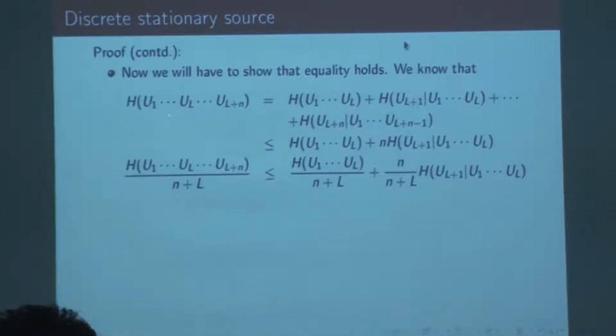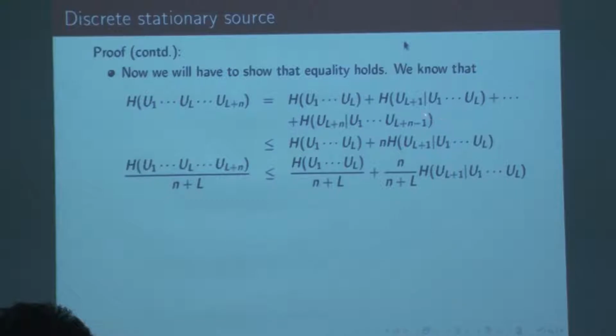To prove this, we are taking the entropy of U1, U2, up to UL plus N. Now, this can be written as H of U1, U2, UL plus H of UL plus 1 given U1, U2, UL plus H of UL plus 2 given U1, U2, UL plus 1, up to H of UL plus N given U1, U2, UL plus N minus 1.